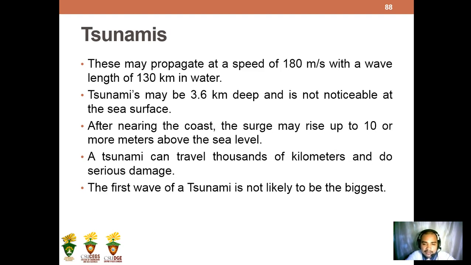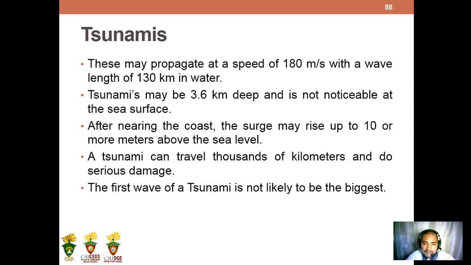After nearing the coast, the surge may rise up to 10 or more meters above the sea level. So as it goes to the coastal area, its wave becomes higher as it surges onto the land. A tsunami can travel 1,000 kilometers and do serious damage.